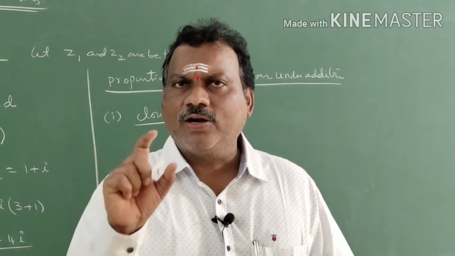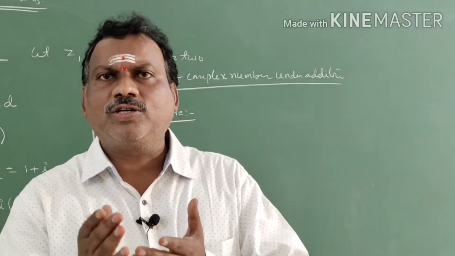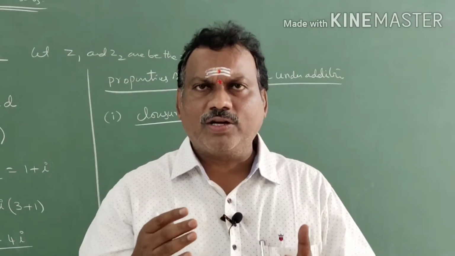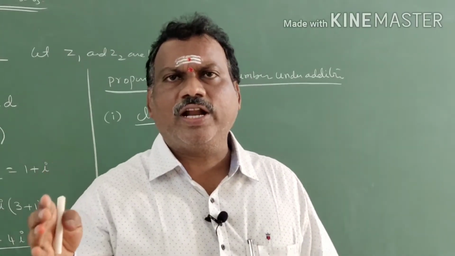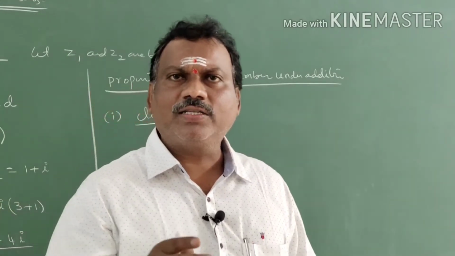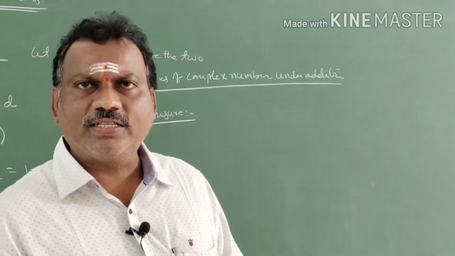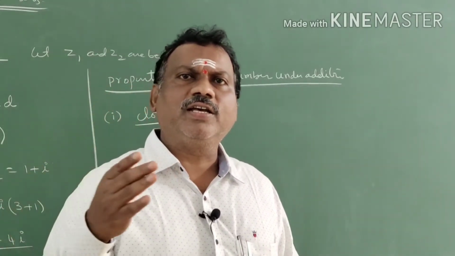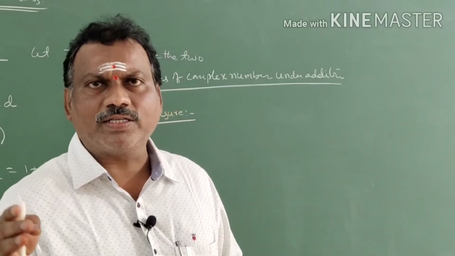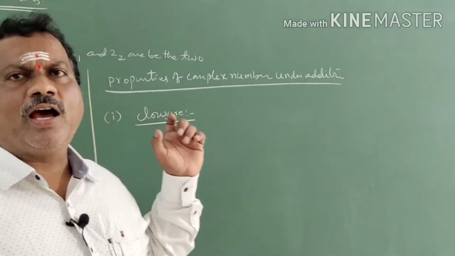If their sum is also in the same set, that means if you pick two natural numbers, their sum is also a natural number. If two numbers are real, their sum is also real. If two numbers are integers, their sum is also an integer. If two numbers are complex numbers, their sum is also a complex number. If they satisfy this condition, then the closure law is satisfied.